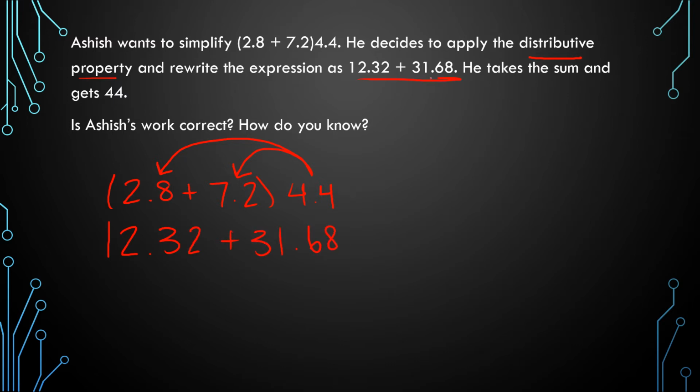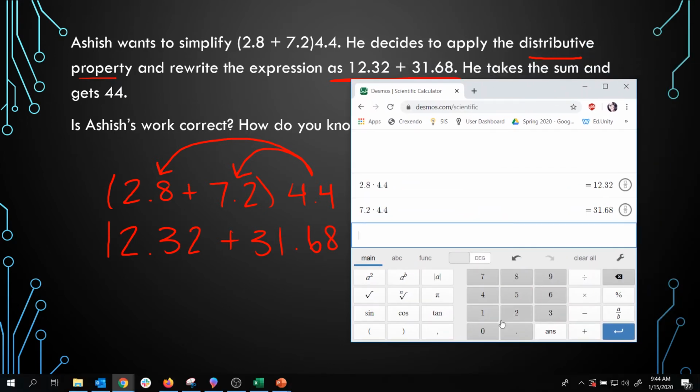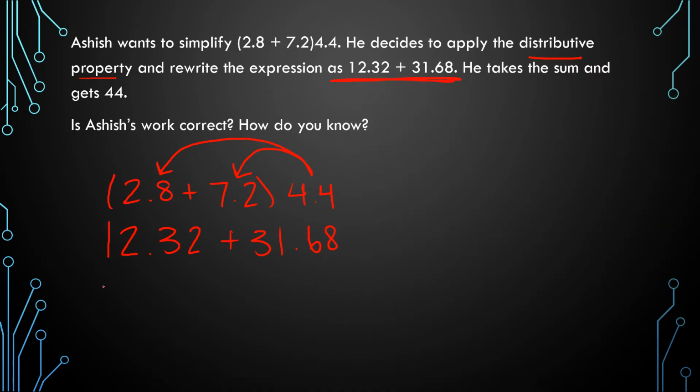And if I look here, that's the same thing he got as well. So that's good. So far he's doing pretty good. And then now we just have to add those together. So 12.32 plus 31.68 gives me 44, which also is the expression that he got. So, yes, he's correct.